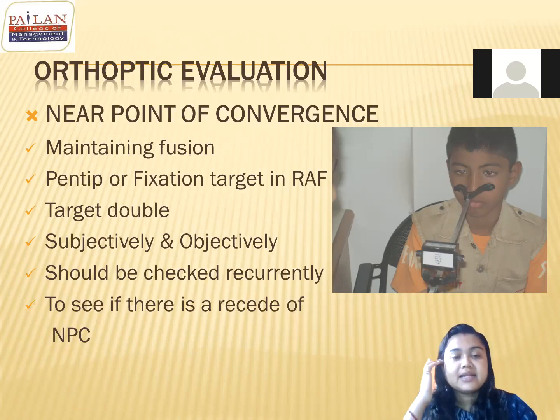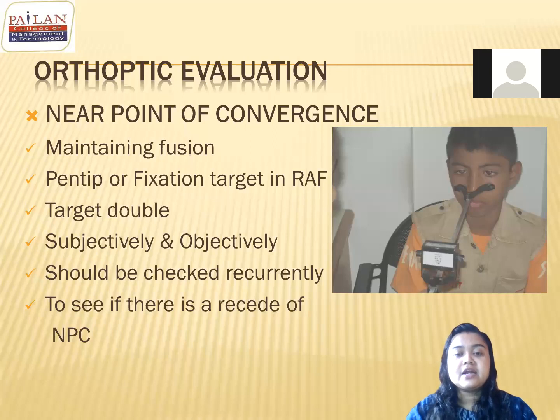That means his fusion is breaking, and that point is the near point of convergence that you measure objectively. Why? Because his fusion is breaking, he can no longer fuse and his convergence is breaking. So that is the objective way to measure the near point of convergence.